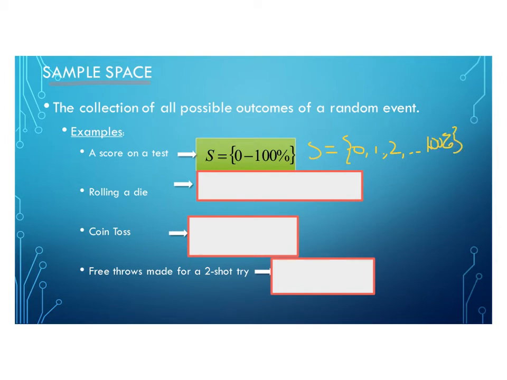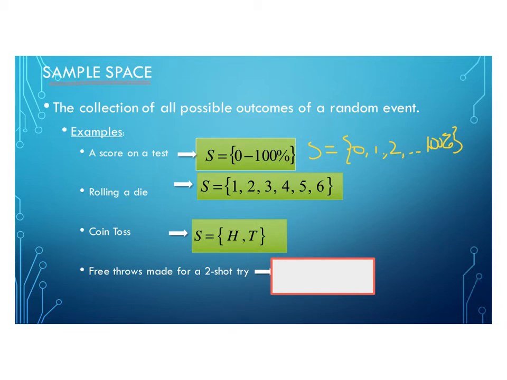Writing 0 dash 100% is probably not the wisest choice. If we look at rolling a die, those are just numbers 1 through 6. A coin toss would just be heads or tails. And free throws made in a 2-shot try would be 0, 1, or 2.